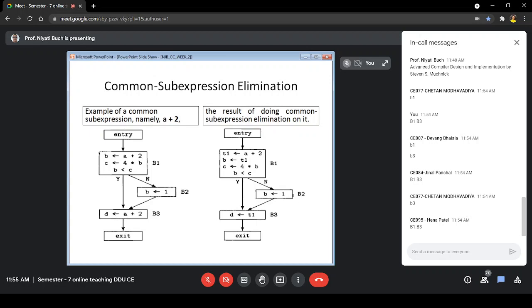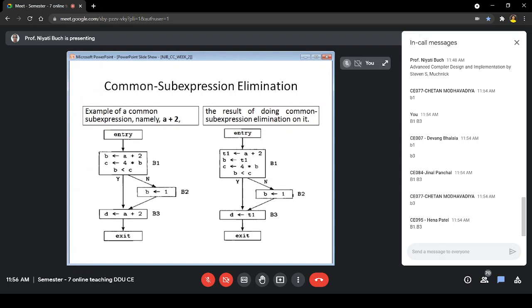Now let's see what happens to the flow graph when we do the common subexpression elimination. See what changes are made. We store the computation a plus 2 into a temporary. You are all well aware of what a temporary is: a compiler-generated temporary used to store values.